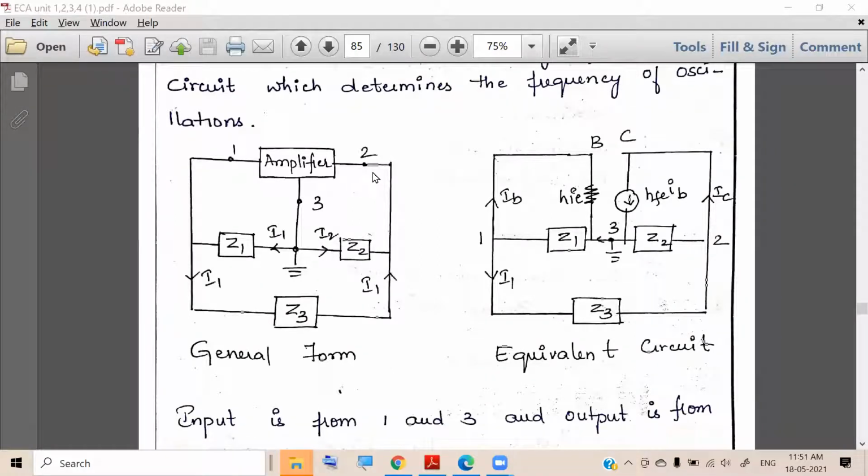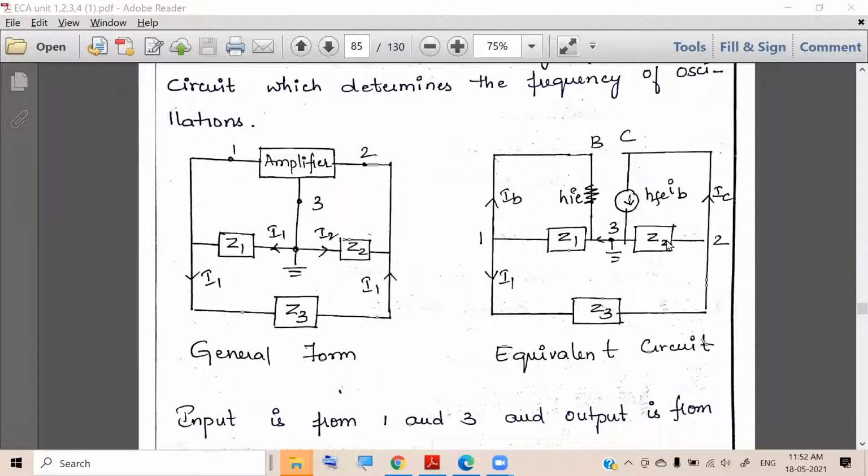What all the total impedance that we get between points 2 and 3, that impedance we can call the load impedance of the amplifier. So what is the load impedance? Can anybody answer? Z2 in this path, and in this path Z3 plus Z dash.